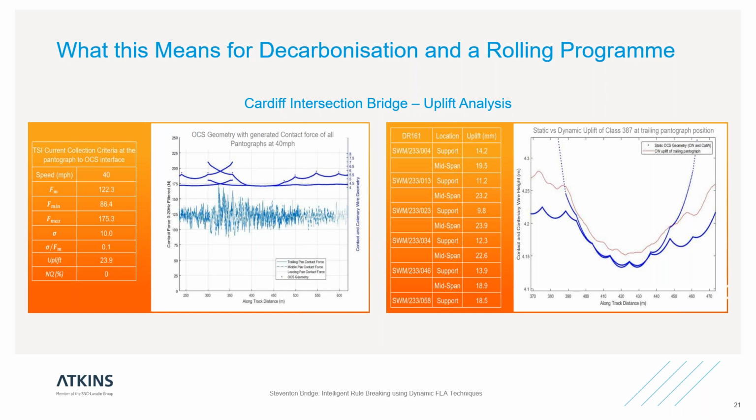So I want to close with a message to those of you who are involved specifically in electrification schemes. Previously, as designers, you would do everything necessary to comply with the rules, including, if necessary, pushing your civil and track colleagues to think about bridge reconstruction or track lowering where a bridge is constrained by a level crossing.